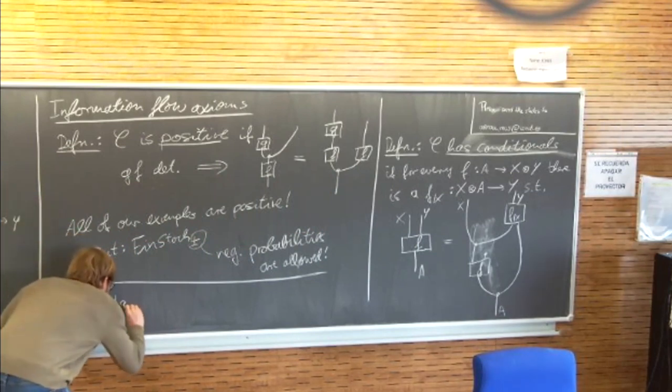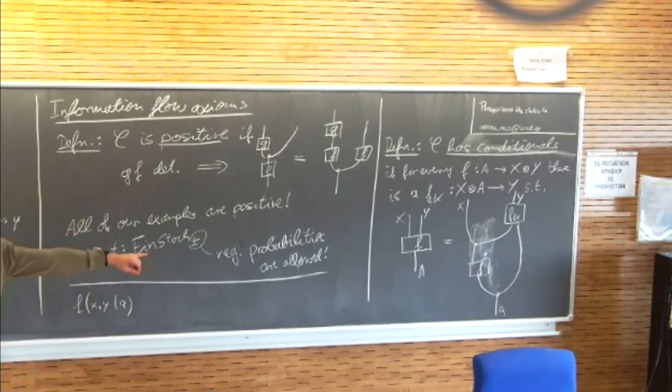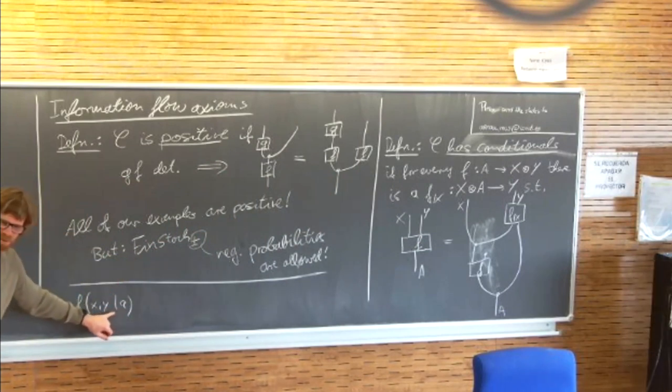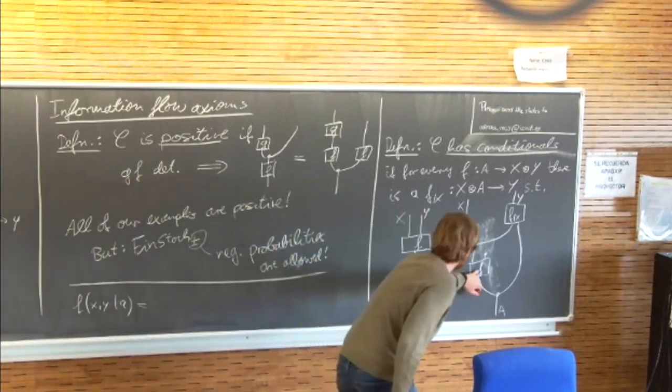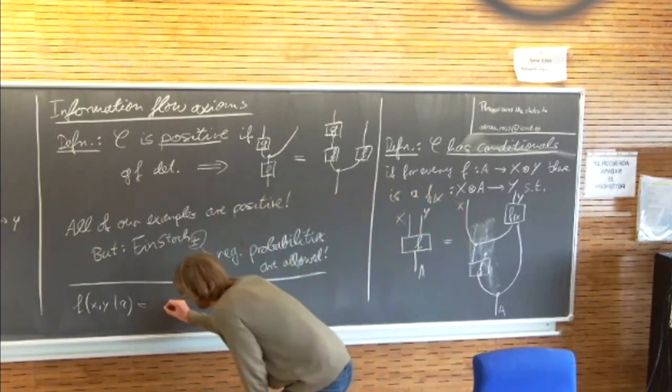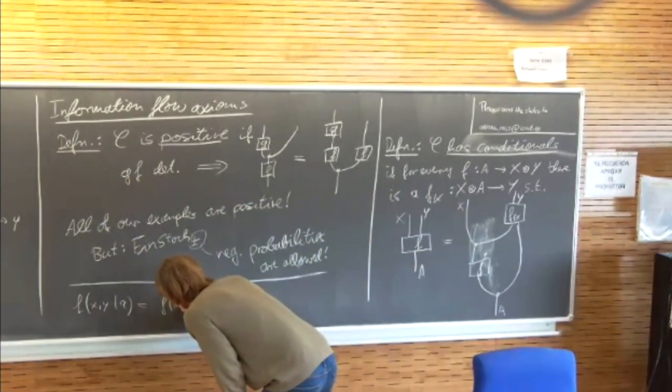given A, little a on the left-hand side, for arbitrary input and output values. So this is on the left, and then on the right, we get first of all the marginal.